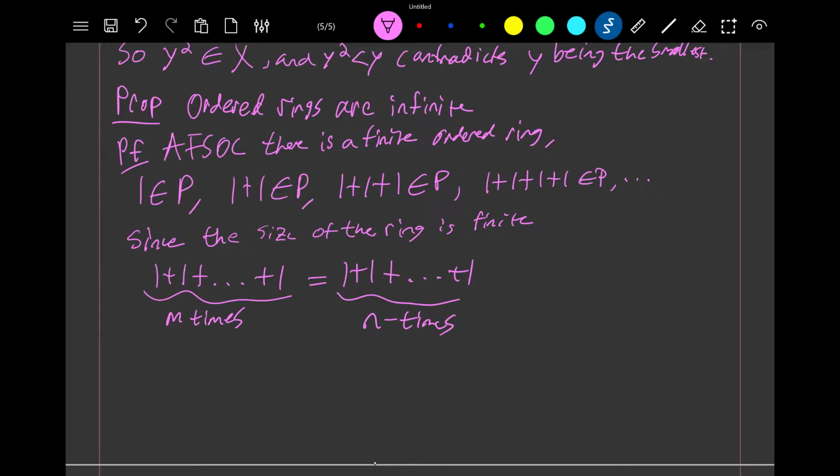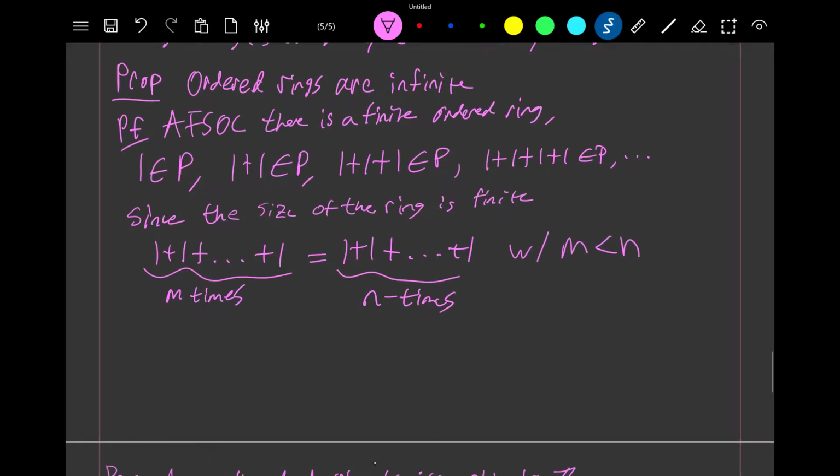But now what we can do is, let's just say with m less than n, we can just subtract this 1 plus 1 plus 1 m times, and we get that 0 is 1 plus 1 plus 1 n minus m times. But this implies that 0 is positive, a contradiction.